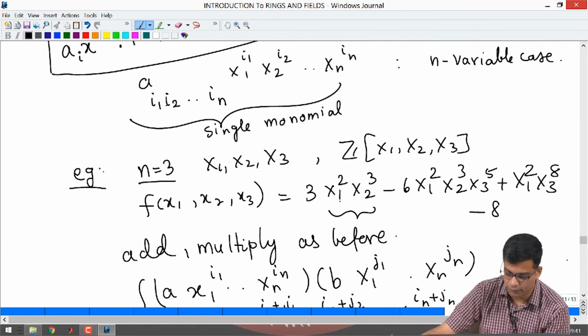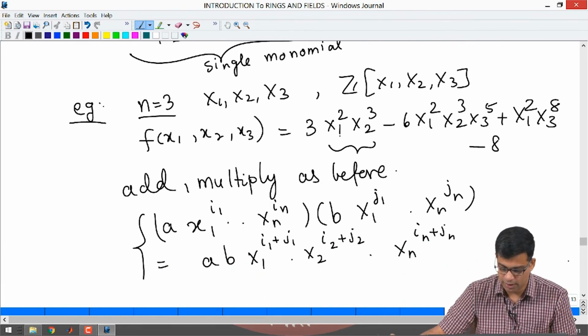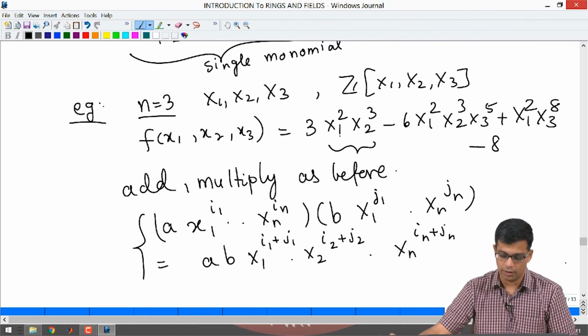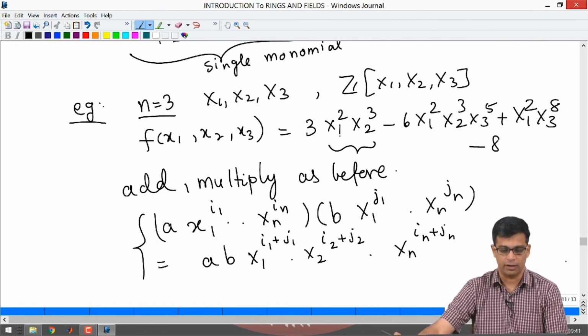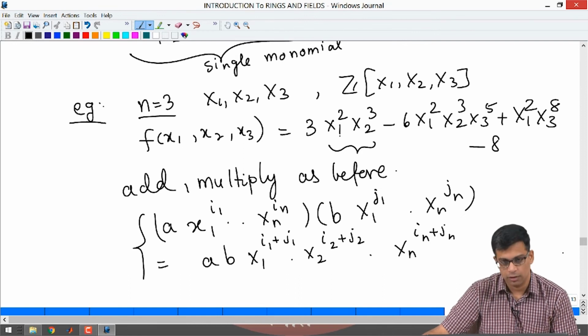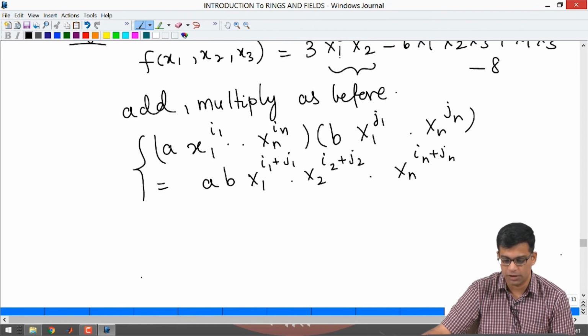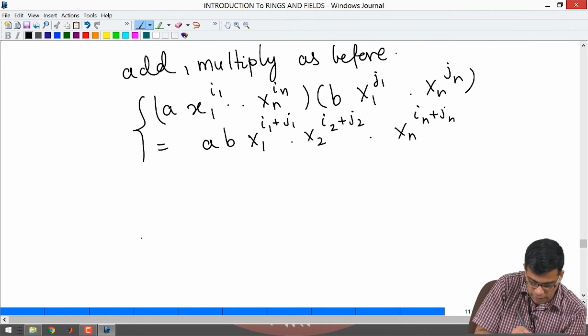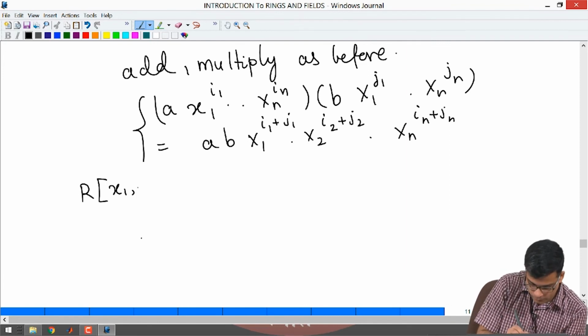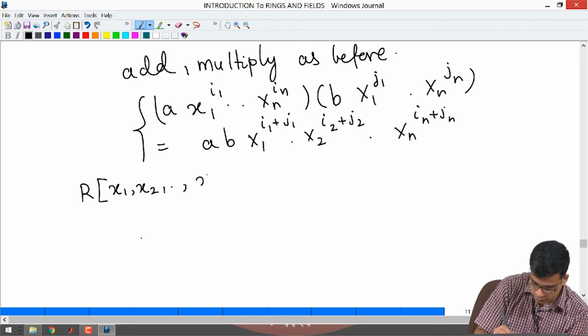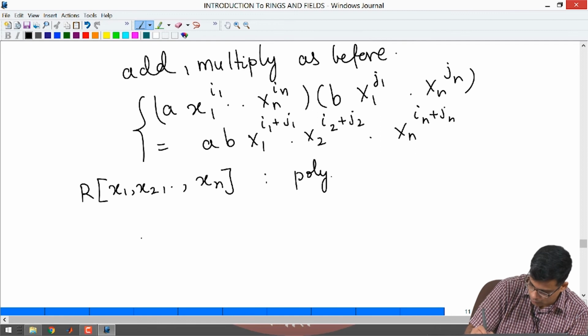Now, one final comment about this. Just like single variable polynomials form a ring, which we have not verified but is an easy fact to verify, here also R[x1, ..., xn] is a polynomial ring.